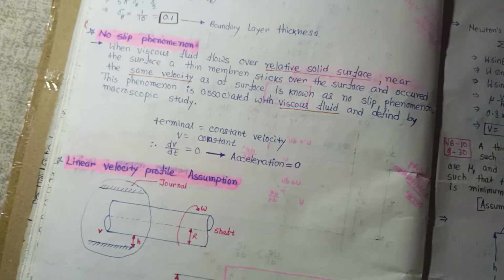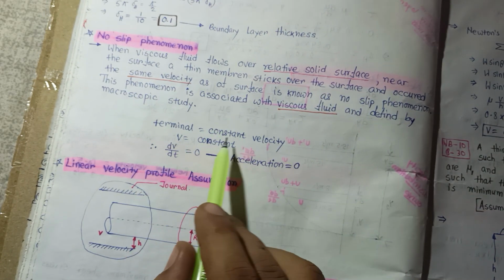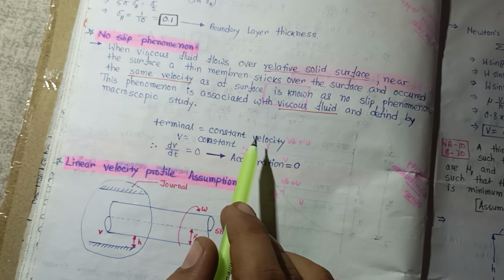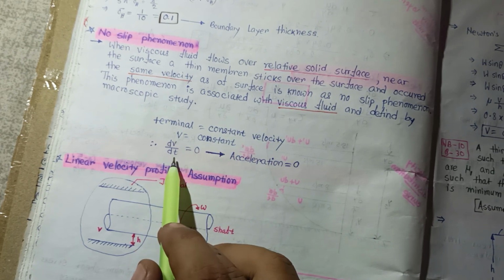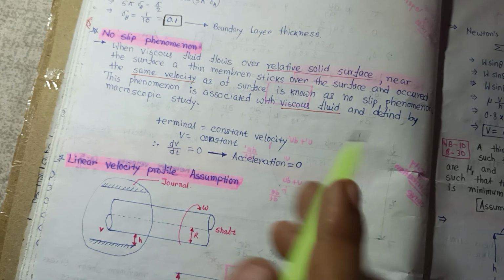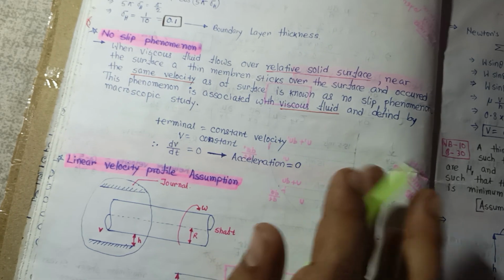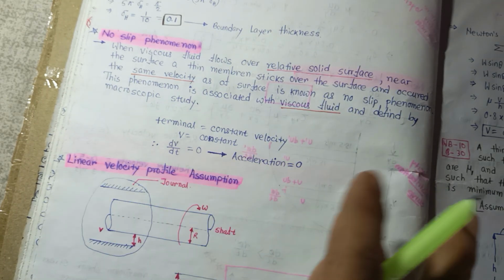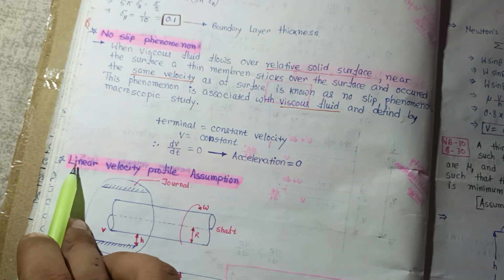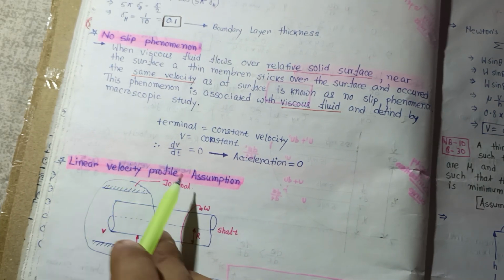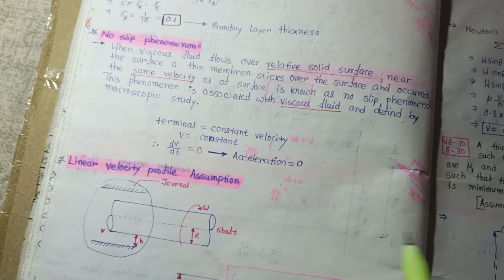And one term you have to remember: terminal velocity, that is v equal to constant velocity. Terminal velocity means constant velocity. If v is constant with respect to time, the derivative with respect to time, dv by dt, is equal to 0. So acceleration is equal to 0. So this is all about the no slip phenomenon. In the next lecture we will understand the boundary layer linear velocity profile assumption.